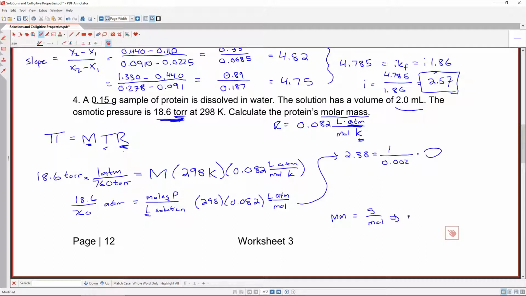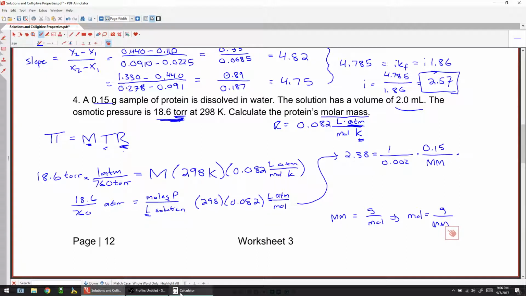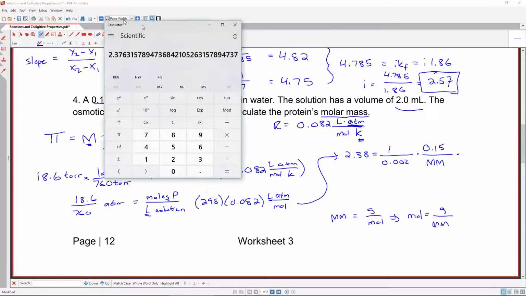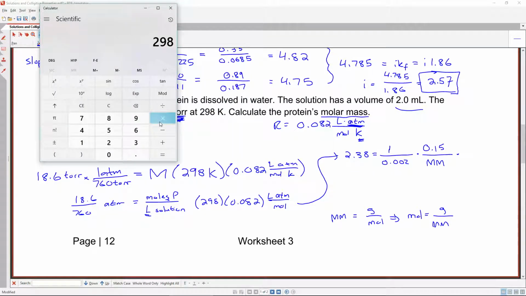So this implies that moles is equal to your grams divided by your molar mass. Cool. So if we take our grams of protein, so 0.15, and then this is going to be my molar mass on the bottom, and then multiply that by the other numbers. Equals 24.44.